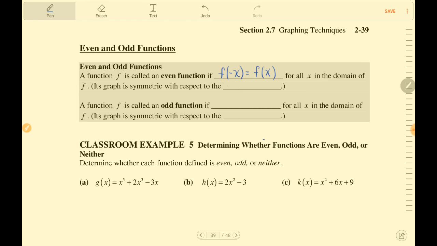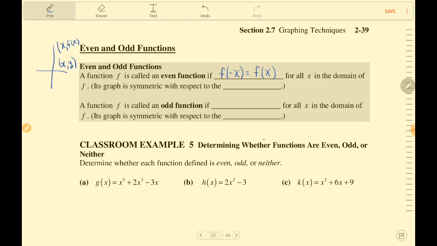Let's see what that looks like. If I have a point x, comma, y, and we know y is another way of saying f of x, so another way I could write that is x, comma, f of x.